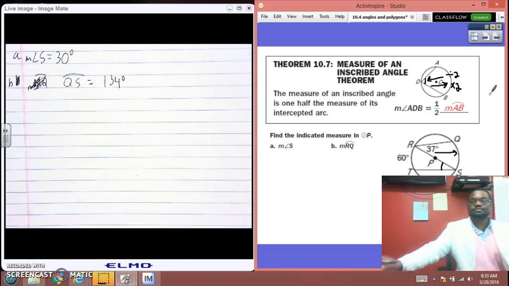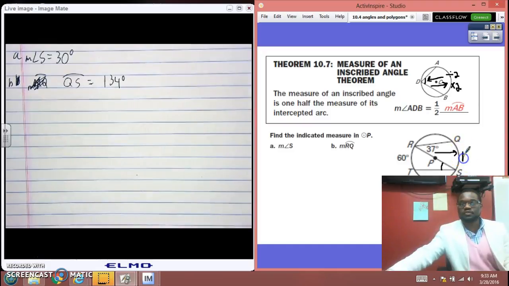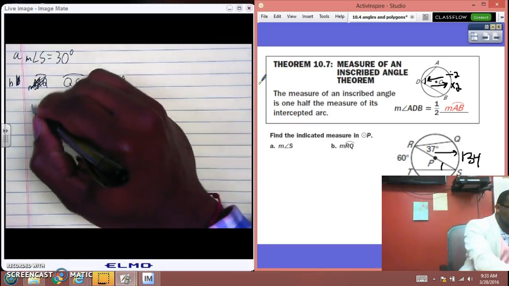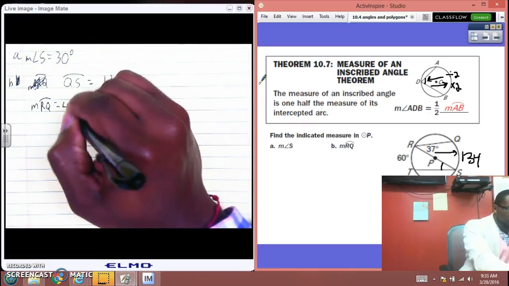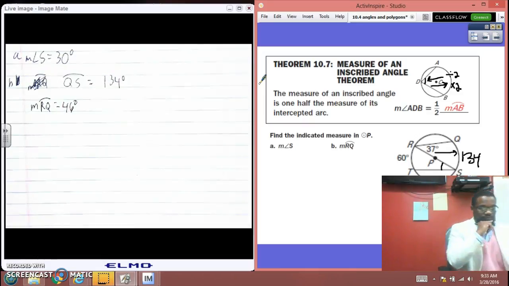How did I get that? This is 134 degrees, and that's because you multiply by 2 when you know the angle. Now, what is the rest of this? From here to here is 180 degrees, right? So I take 134 from 180, and I find the measure of arc RQ equals 46 degrees.